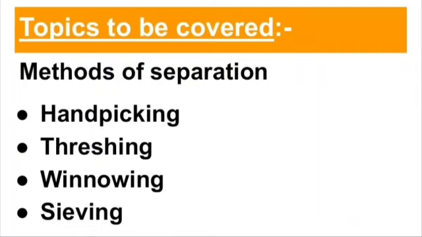First is hand picking, second is threshing, third is winnowing, and the last one is sieving. These are some methods of separation.